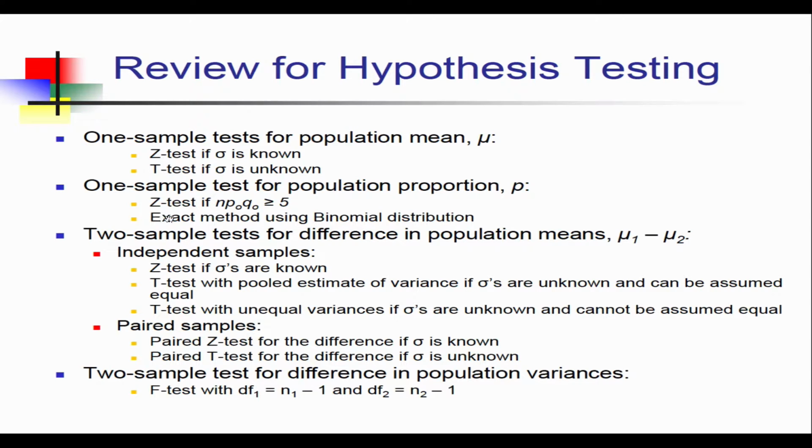Then, for the two sample test for two population means, we first depend on whether these two populations are related or not. If they are related, either from a longitudinal study or a matched case-control study, we need to use the paired t-test.